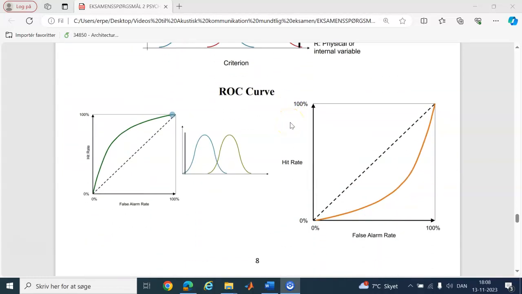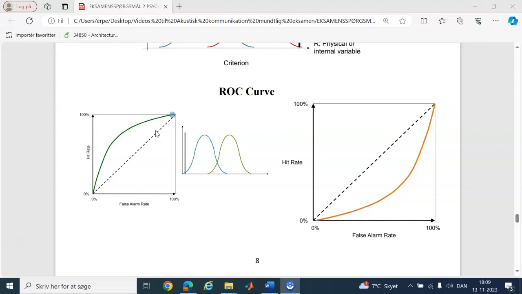So that's about an ROC curve. If the ROC curve is like the first one here, the green one, higher above this dashed selection line, then it's okay.